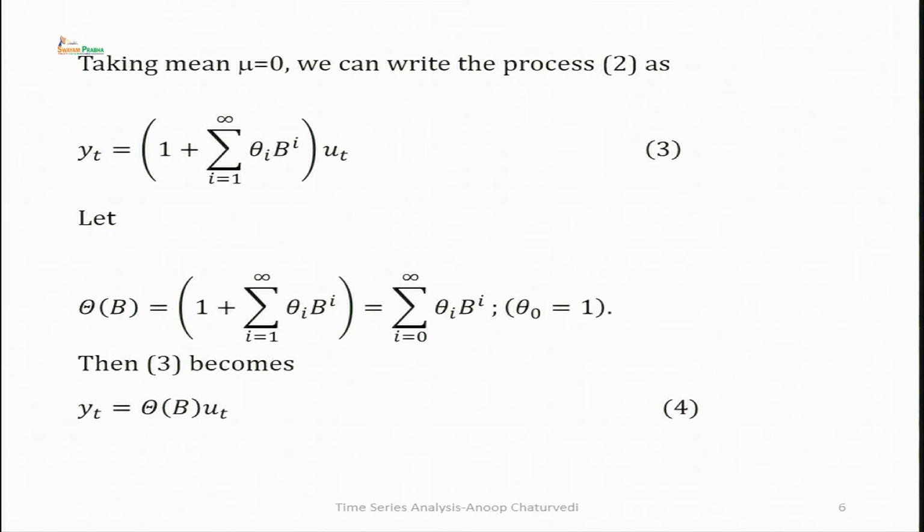And then we write theta(B) equal to 1 plus summation i equal to 1 to infinity theta_i B to the power i, or you can also write it as summation i equal to 0 to infinity theta_i B to the power i, where theta_0 is equal to 1. Then you can write this general linear process 3 as y_t equal to theta(B) u_t.